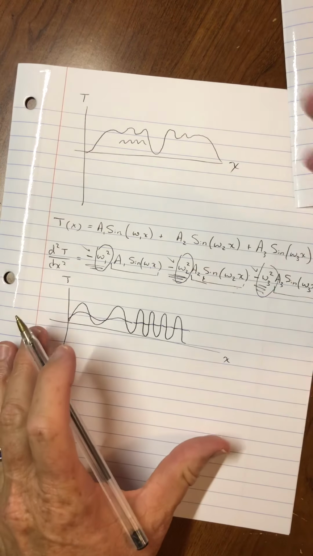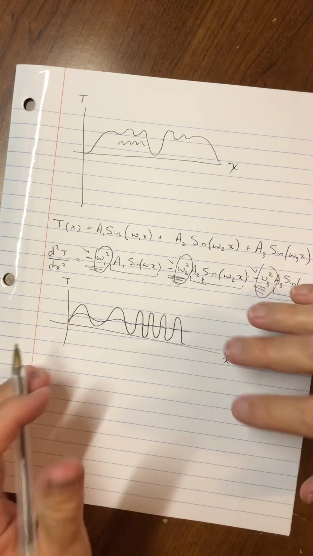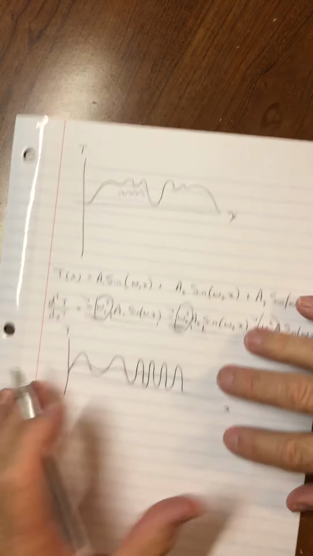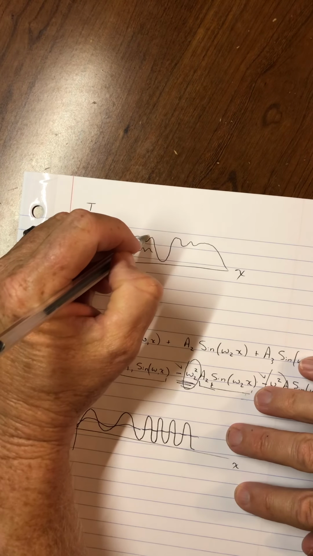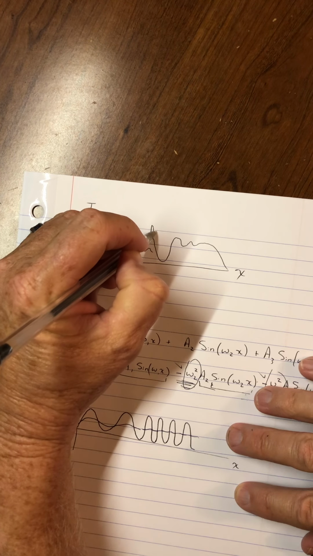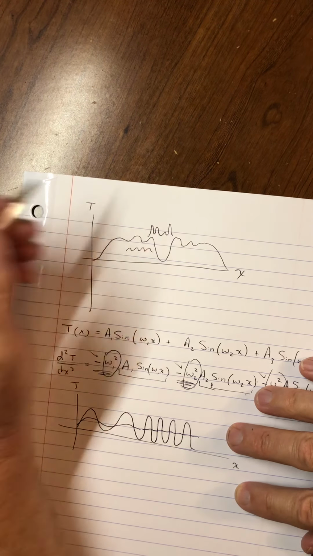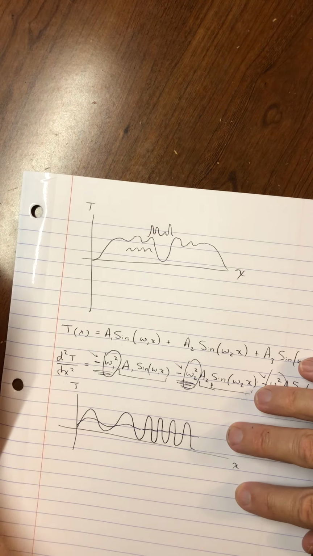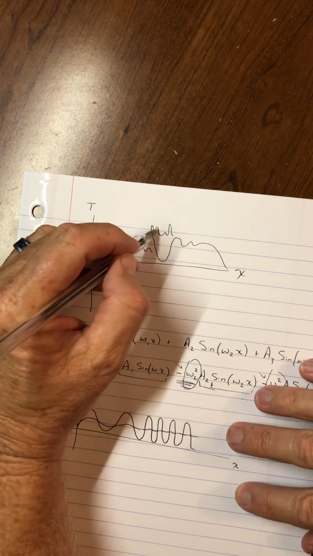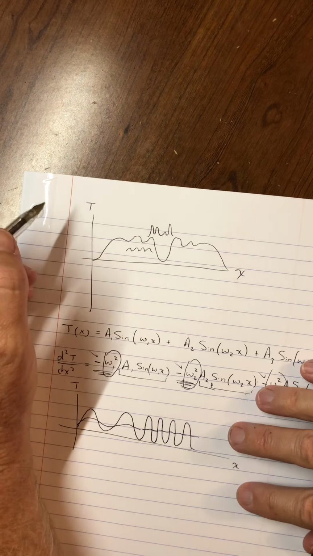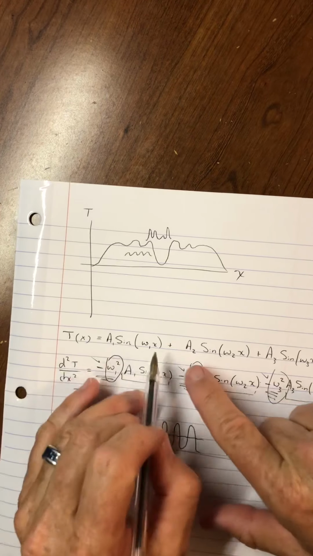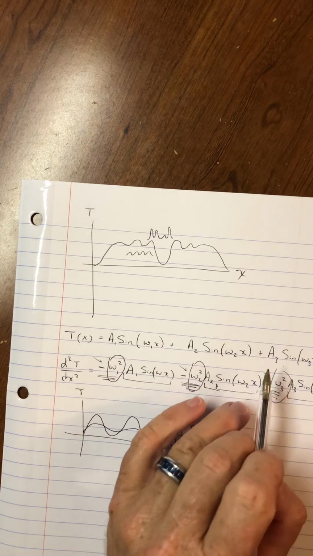Now, of course, you might also remember from the Fourier series and Fourier transforms that you get sharp peaks in your temperature profile or your graphing profile at the high frequencies. So anything that has sharp points mathematically has to be represented with high frequencies.